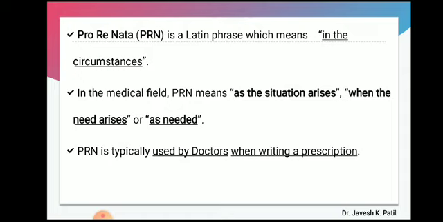It means if you are having some pain in XYZ organ, then only you should administer this fifth tablet. Likewise, they mention PRN, that is, when it is needed. This is only an example. Similarly, there can be many different possibilities where PRN can be written in the prescription by the doctors.